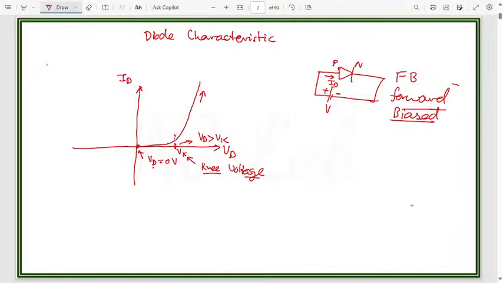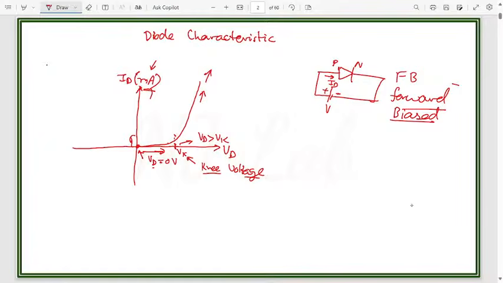The current flowing through the diode is usually measured in milliampere, because in the starting the level of the current is too less, and it increases only after the knee voltage. So to determine the current flowing in this region, we measure the current in milliampere. But it can be in amperes also.